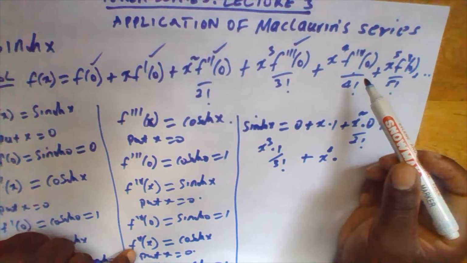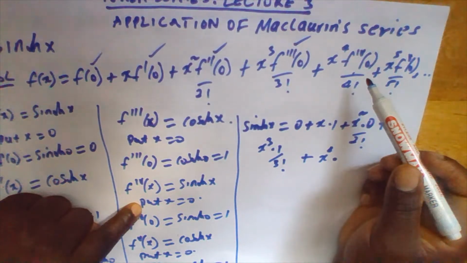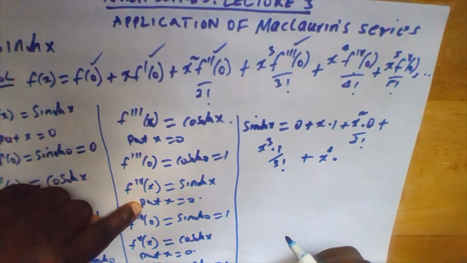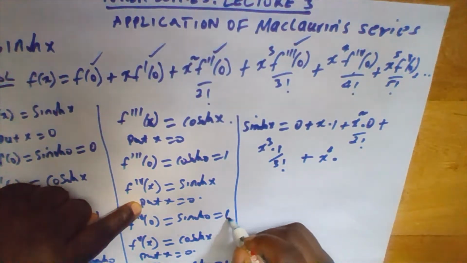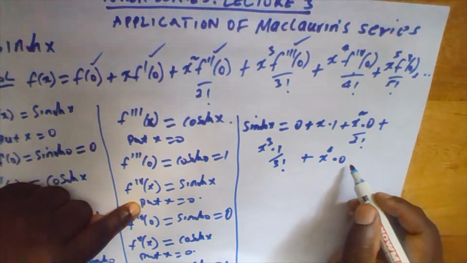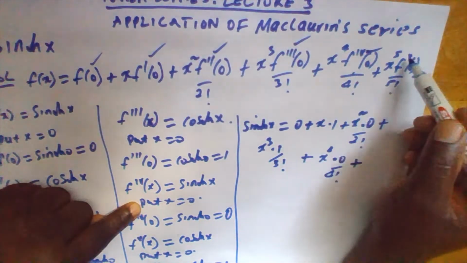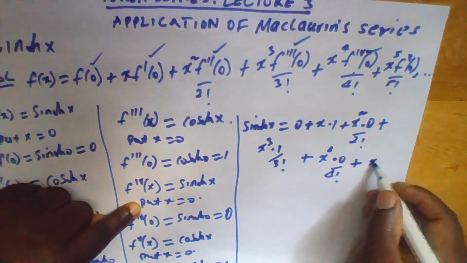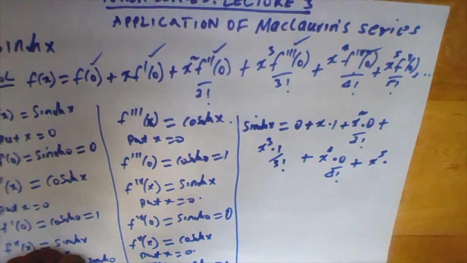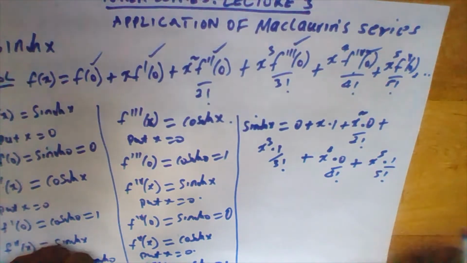When we put x equals 0, sin 0 is 0, so this will be times 0 over 4 factorial, plus, now we are on this one, plus x raised to 5 times f raised to 5, which is this 1, so it will be 1 over 5 factorial.